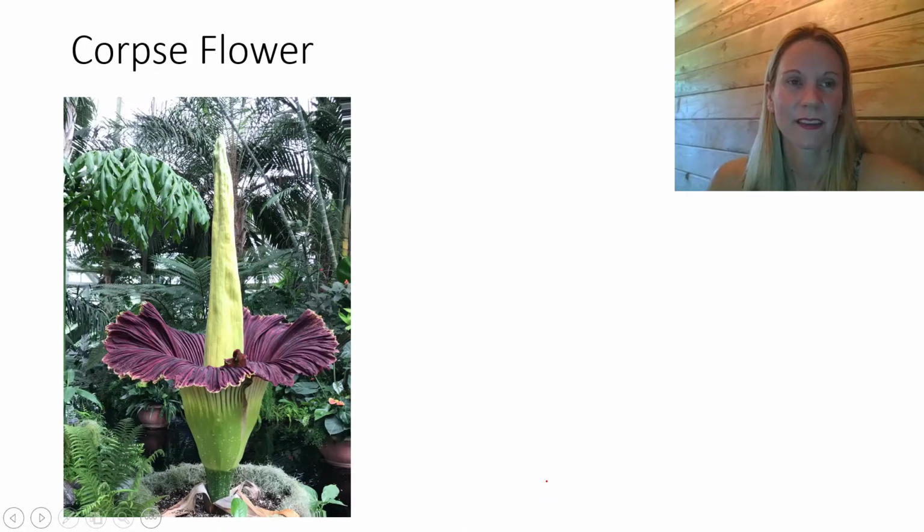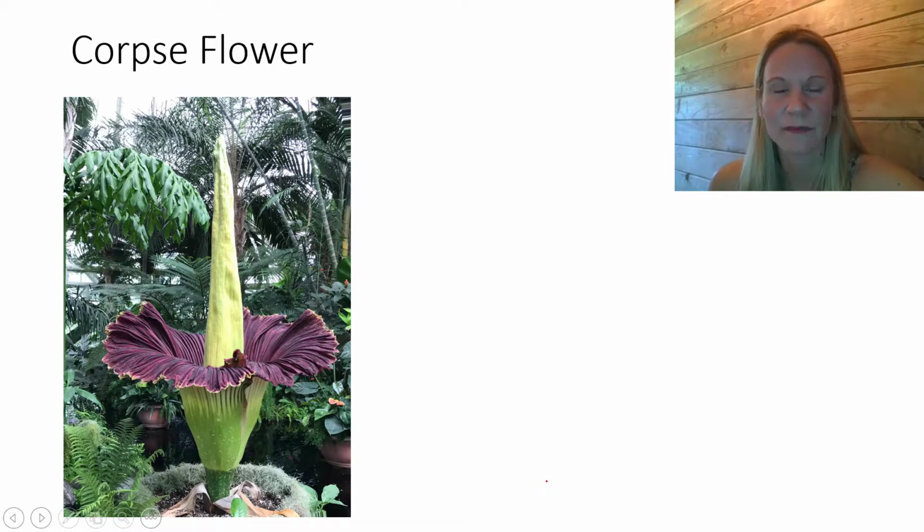Lastly, I want to tell you about the corpse flower. So I want you to make sure you understand in the angiosperms the importance of pollinators. And these pollinators are very particularly adapted to their flowers that they facilitate pollinating, but also the flower itself is very well adapted to attract a specific pollinator.